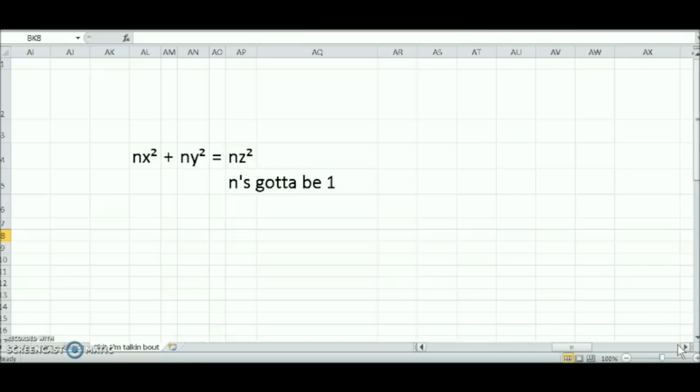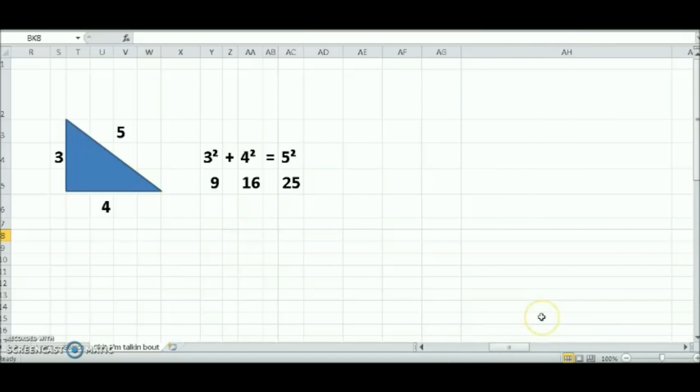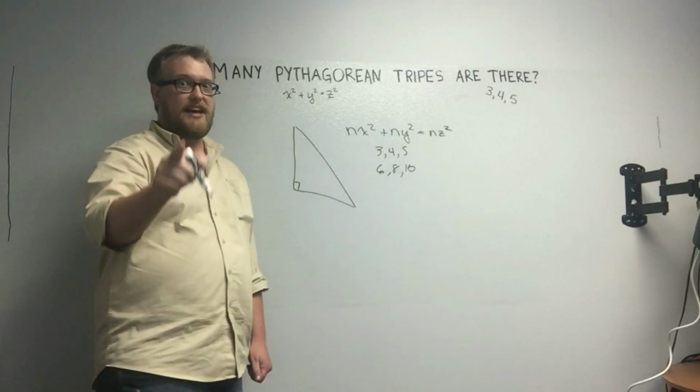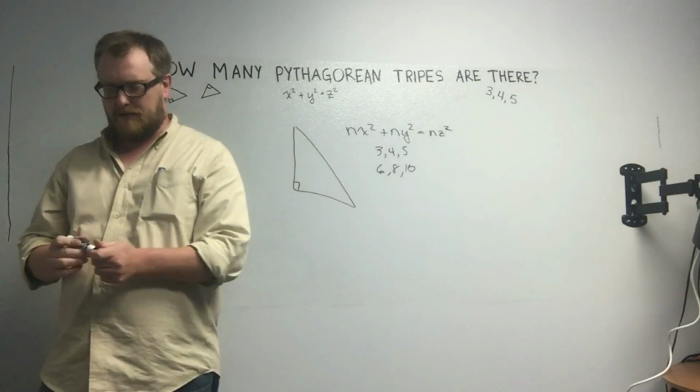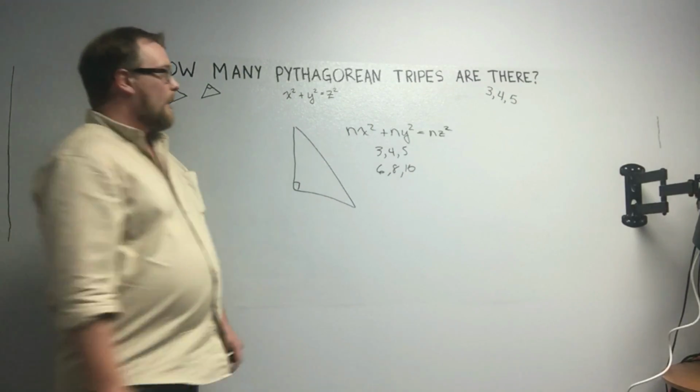Unless that number we're talking about is 1, it isn't going to work as a primitive Pythagorean triple. In other words, 3, 4, 5 all works. The coefficient is 1. 6, 8, and 10 don't work because the coefficient is 2. Isn't that cool? So there's an infinite number of them. That was easy. That was a quick video.